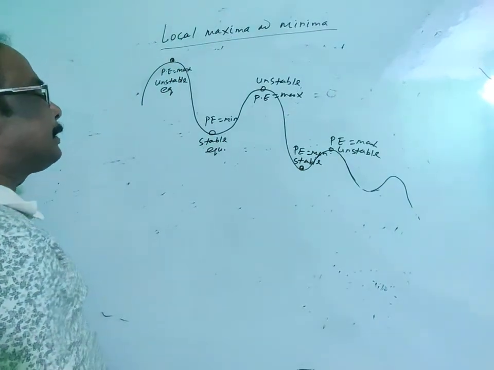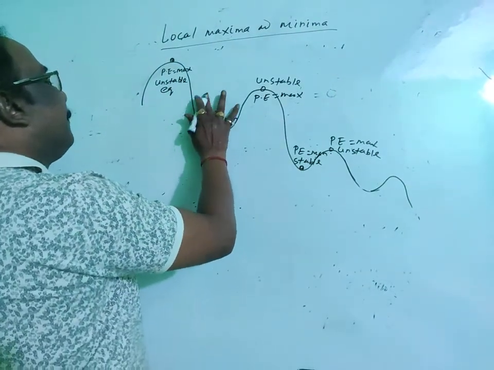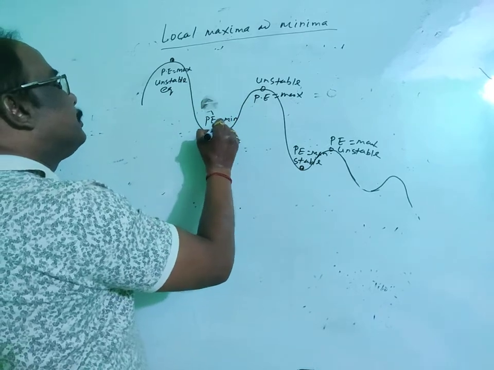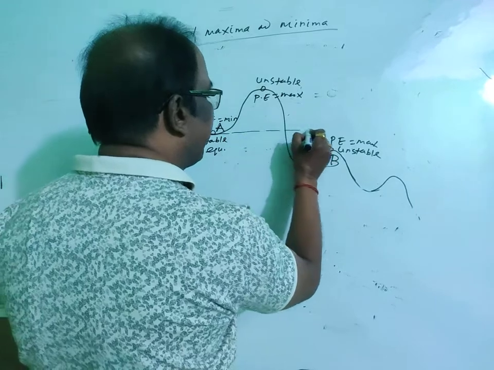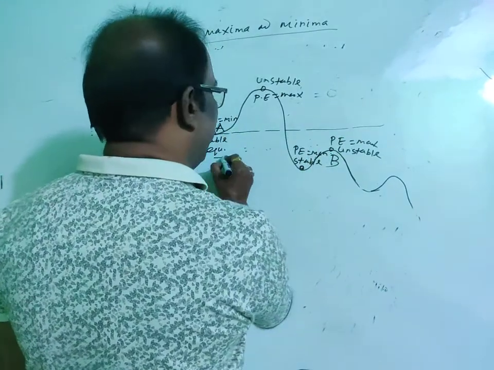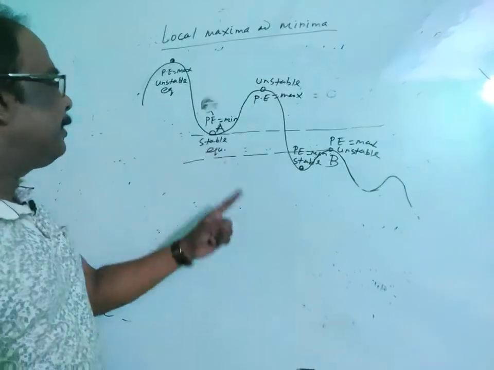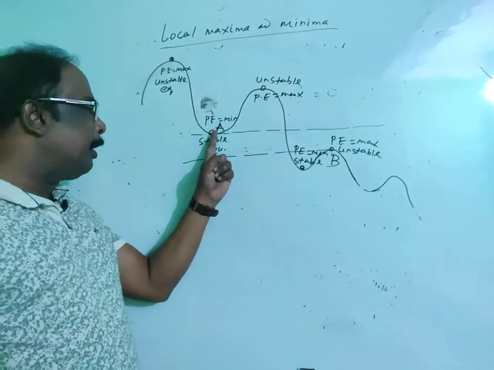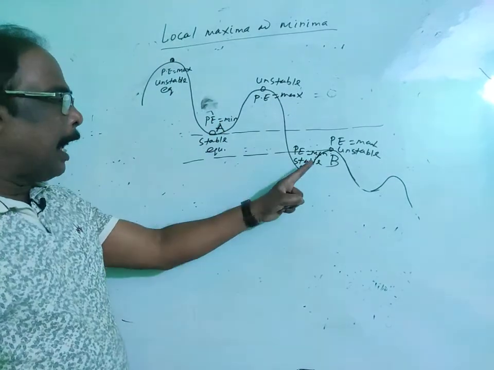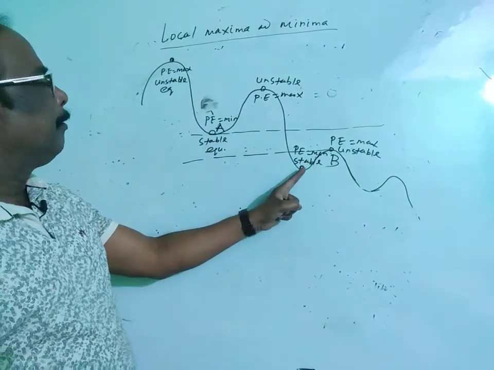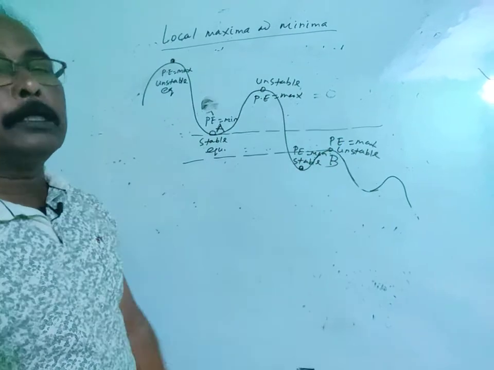But just compare. Let this position be A, and this position be B. Just compare. So we are observing that at position A, potential energy is minimum, but at position B, potential energy is maximum.